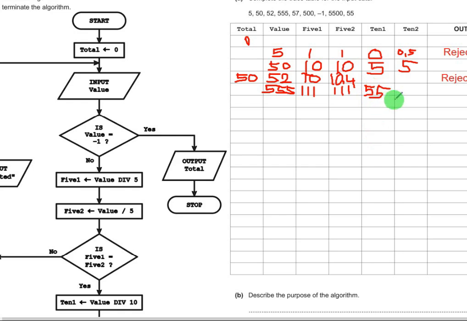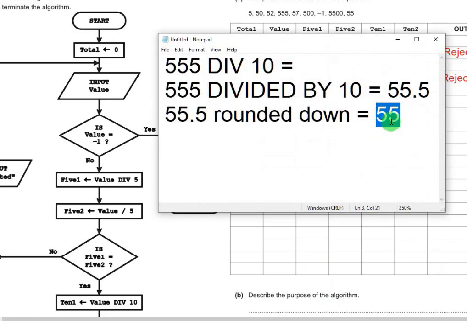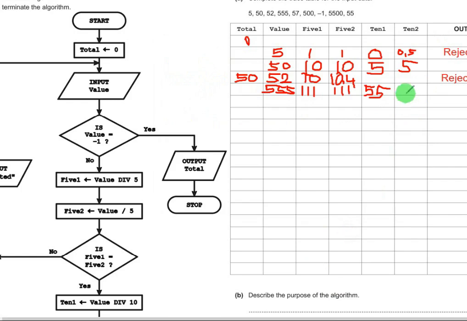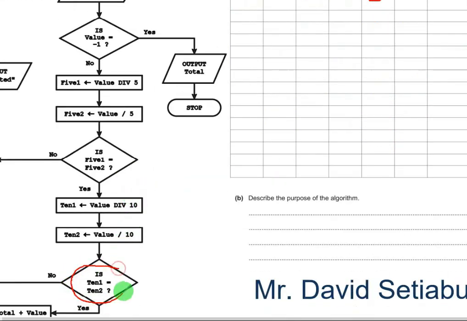Whoa, guys, it takes time. It's already 19 minutes. Now, the regular division, as we know over here, is 55.5 if it's normally divided without the div. Now the next one here, is it the same? 10.1 and 10.2?